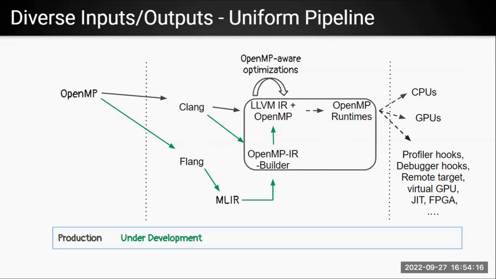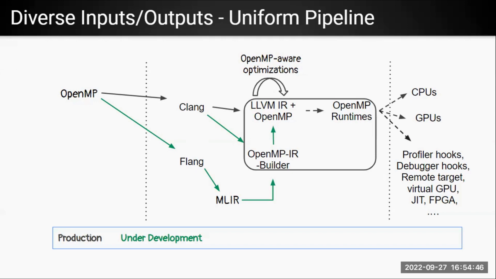Effectively, they go through the OpenMP builder, or will eventually go through the OpenMP builder, to generate LLVM intermediate representation with OpenMP runtime calls. We have OpenMP-aware optimizations that then run, and then we interact with the OpenMP runtimes to run it on all these things, with all these goodies like profilers and virtual GPUs. So this is kind of where we are right now.